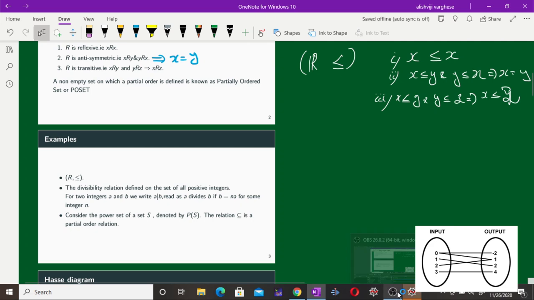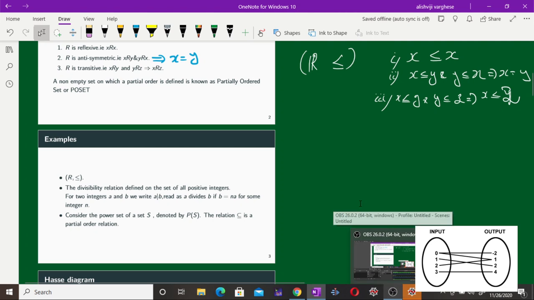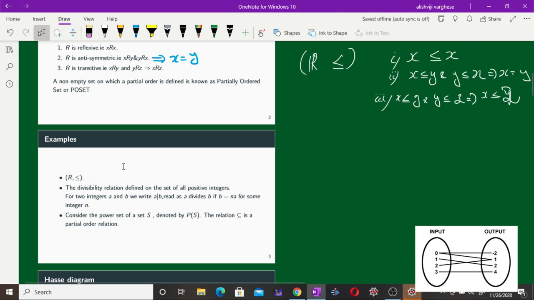Now, the second example is the divisibility relation defined on the set of all positive integers. Let us consider the set of all positive integers, which is usually denoted by Z plus, and consider the divisibility relation defined on it. That is, we say that a divides b if b is an integer multiple of a.